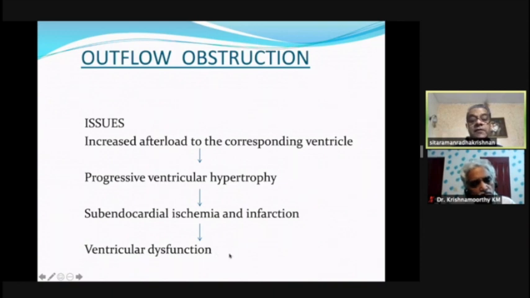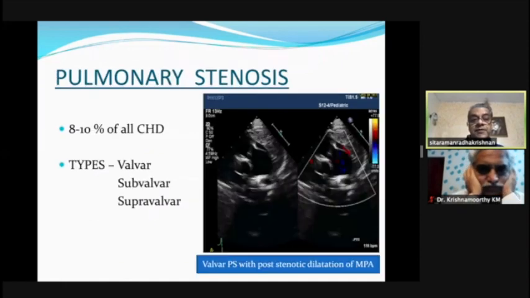And finally, you have seen in adult practice, many of them develop ventricular dysfunction. We also see them in pediatric practice, but not as commonly as you see them in adult practice. All these are defined by echocardiography.